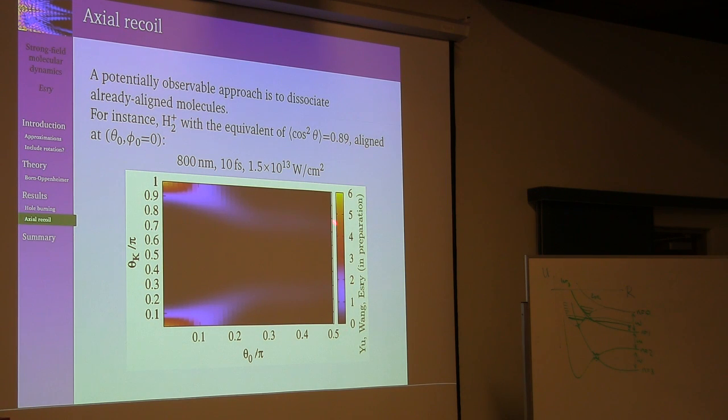So the fact that you see something even over there, when it's aligned perpendicular, contradicts that model. And of course, the interpretation, I think, is simply that we don't have a perfect alignment, we have a distribution, so the wings of our angular distribution are getting dissociated even when the center's at pi over 2, even when the center's at 90 degrees.